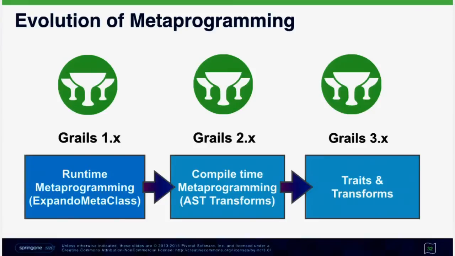That was then subsequently replaced by compile time metaprogramming using AST transforms, and we went that way as we wanted to reduce the runtime overhead of metaprogramming, and also to make Grails more and more compatible with static compilation and IDEs. And now in Grails 3, a large number of our transforms have simply been replaced by traits.